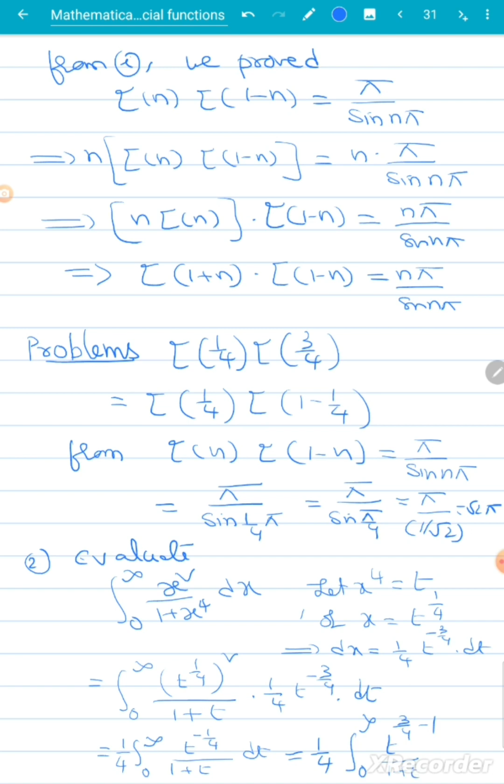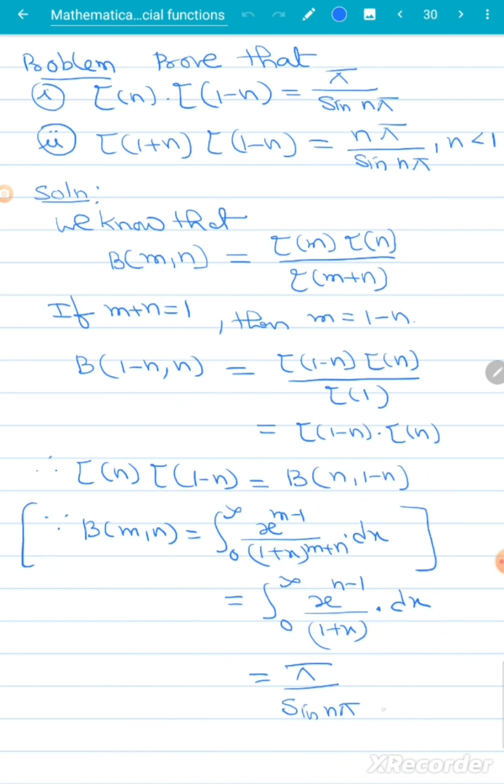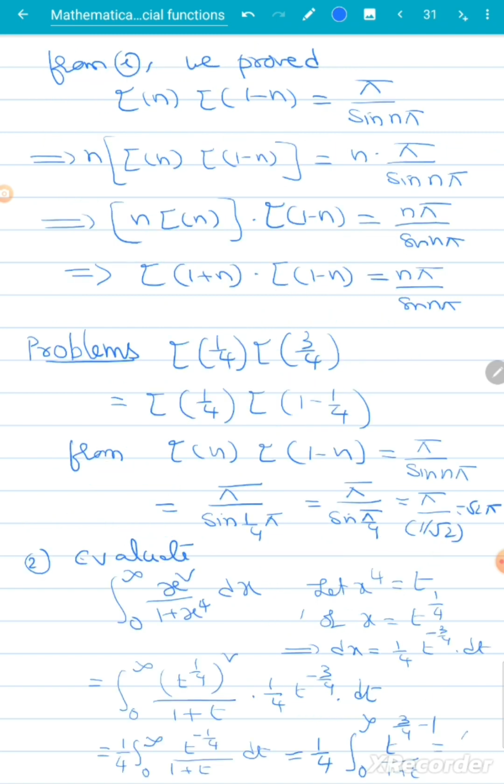So this is in the form of the integration from 0 to infinity of x to the power of n minus 1 by 1 plus x into dx, which is equal to pi by sin n pi. So this is equal to 1/4 into pi by sin n pi, that is sin 3 pi by 4.